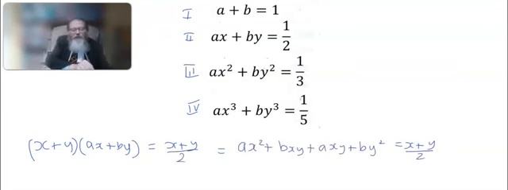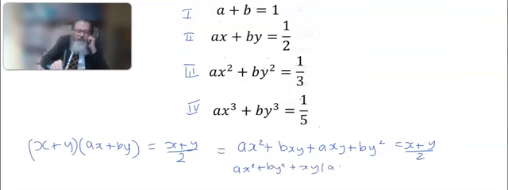And when we carry out that, we find that it becomes ax squared plus bxy plus axy plus by squared equals x plus y upon 2. And if we collect like terms and so on, we get ax squared plus by squared plus xy times a plus b equals the right-hand side.